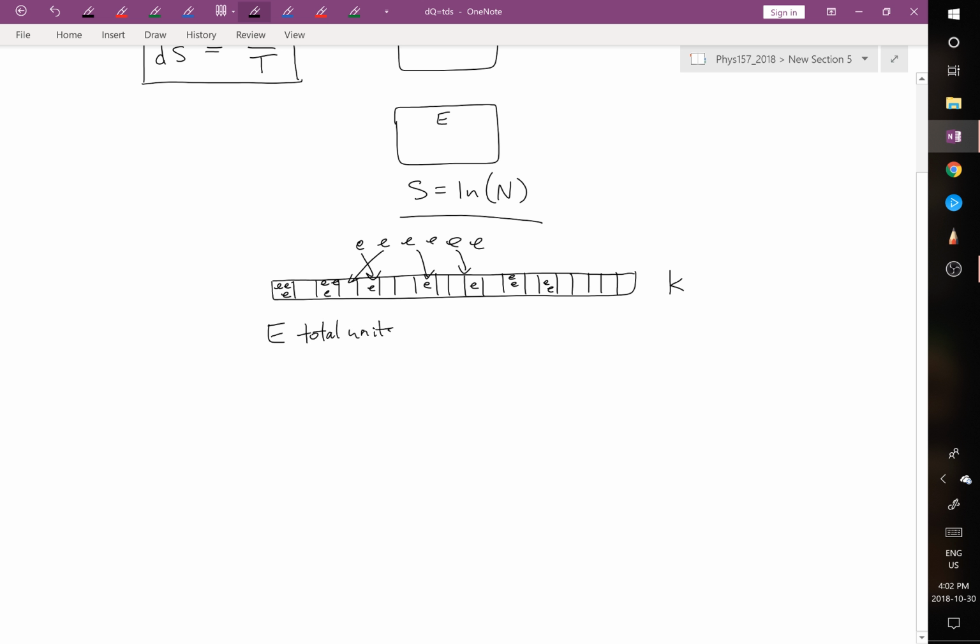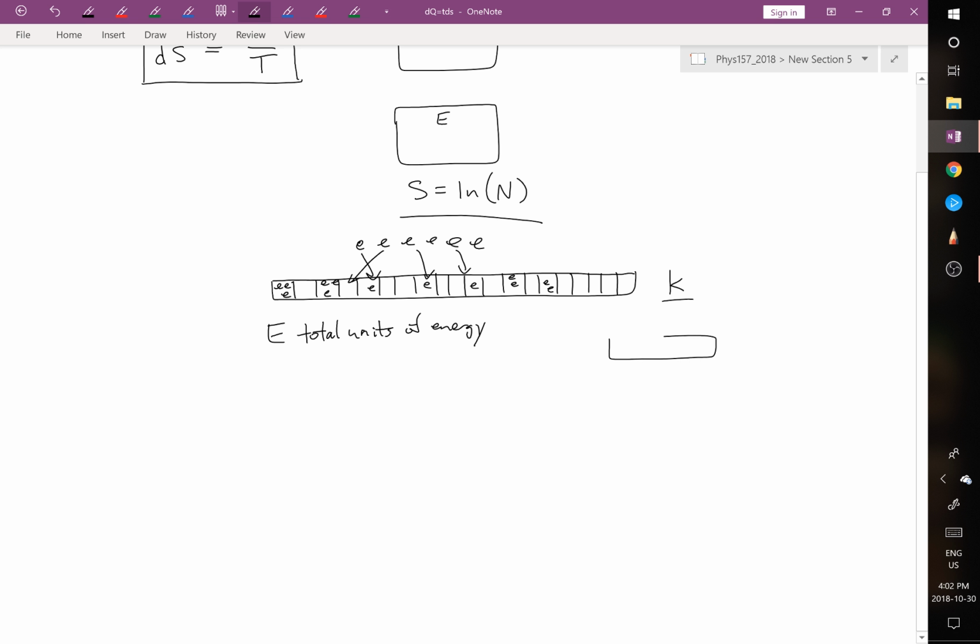Okay, so now our question is, say we have E total units of energy. I want to know how many configurations there are for that number of total units of energy in my K molecules. This is just a math problem, a combinatorics problem. It's just counting the number of ways.